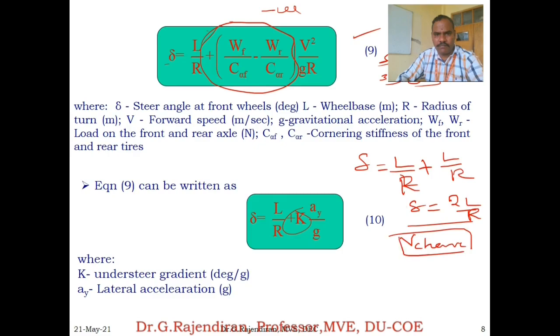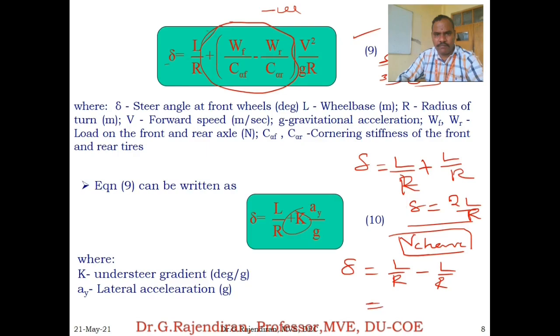Clear? Similarly, for an oversteered vehicle, the second term is reducing with the square of the vehicle speed. At a particular speed, delta is equal to L by R minus L by R. Same concept: the second term is increasing, but the value is positive for the first case and negative for the second case.